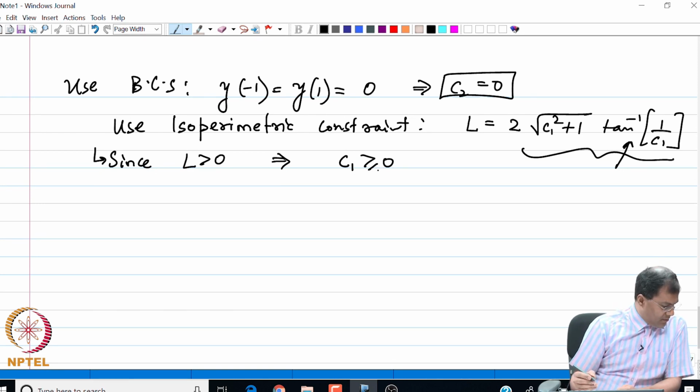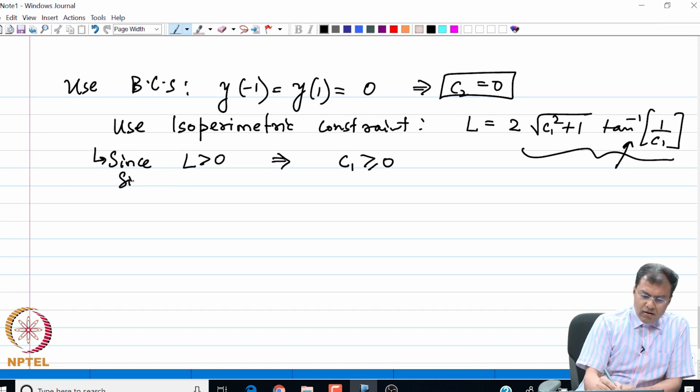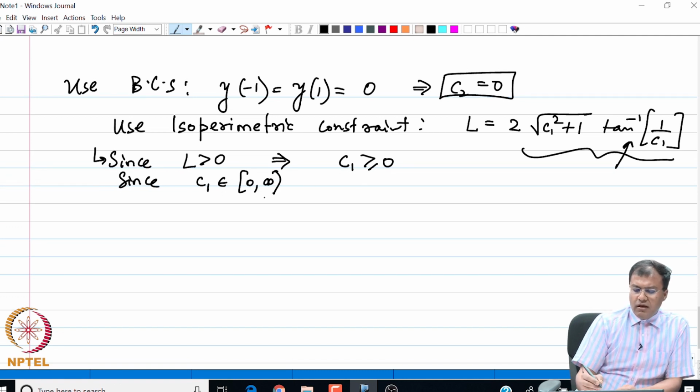So, C1 is from 0 to infinity, non-negative.